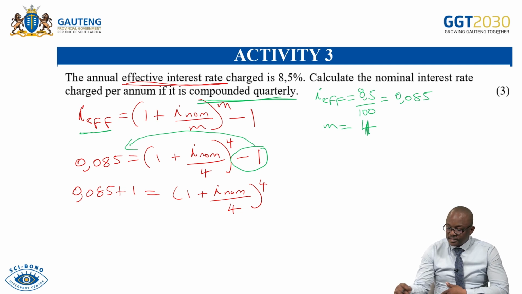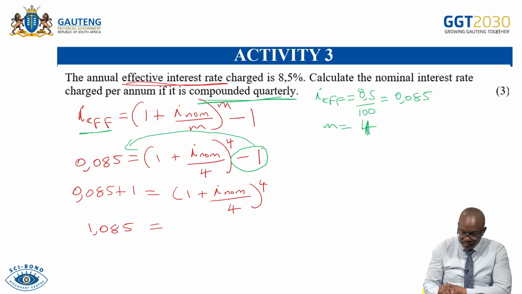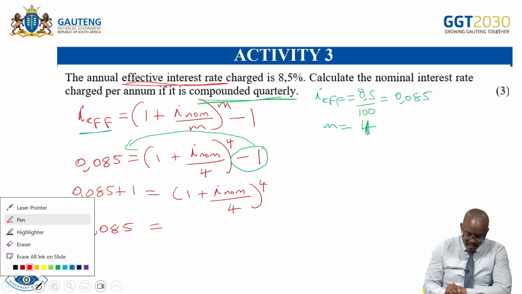Then now if you're saying 0.085 plus 1, you are going to get 1.085. It's equal to, right? Then now we can look into our root sign there.